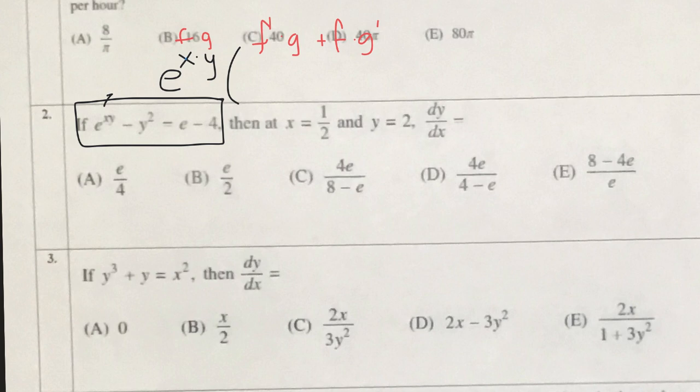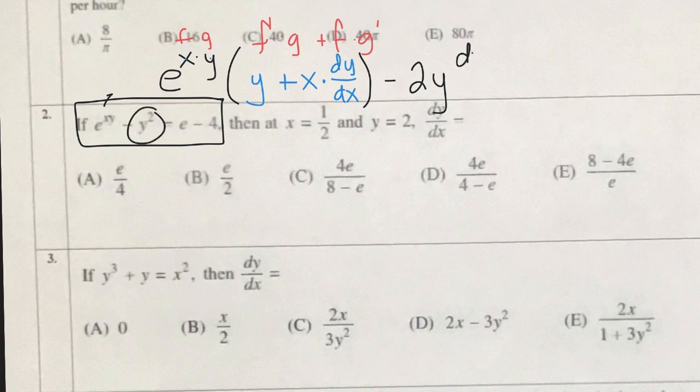So f prime, the derivative of x, is just 1, so this is y plus x times the derivative of y with respect to x, which is your dy/dx. So that is the derivative of our power for our exponential, minus 2y times dy/dx equals, over here there are no variables, so that equals 0.